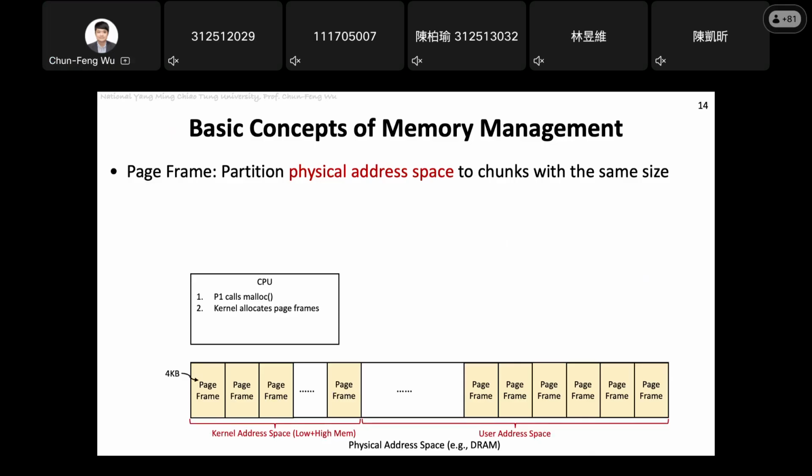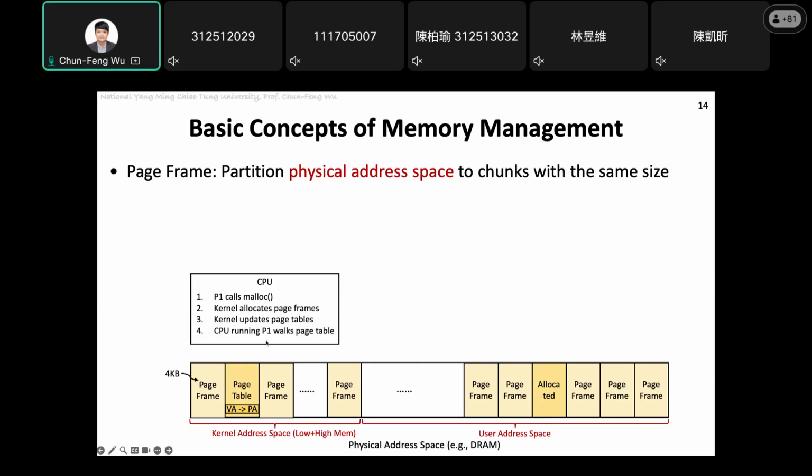Okay, so let me give you a quick example. When we are writing a C program, we frequently call the memory allocation function, right? The malloc function, to get a memory address. So if P1 calls malloc, the memory allocation function, then the kernel allocates a page frame, for example, like this allocated one, and then the kernel will update the page tables.